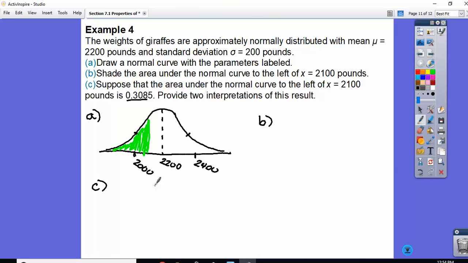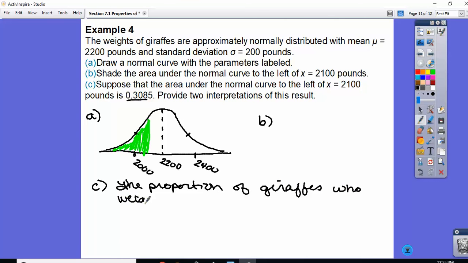So the first is the proportion of giraffes who weigh less than 2,100 pounds is 0.3085.